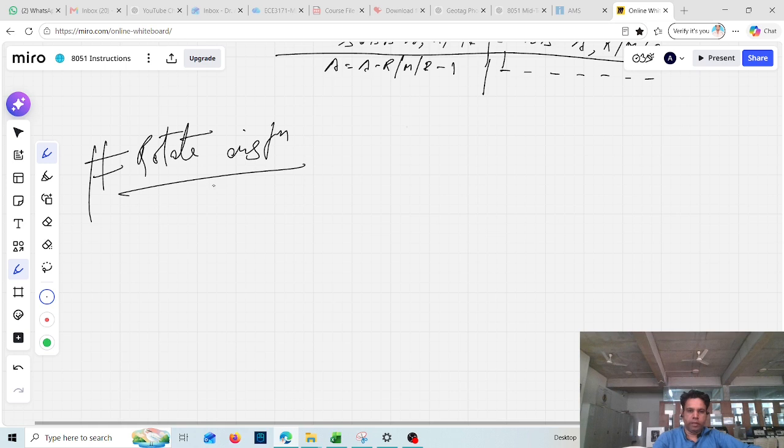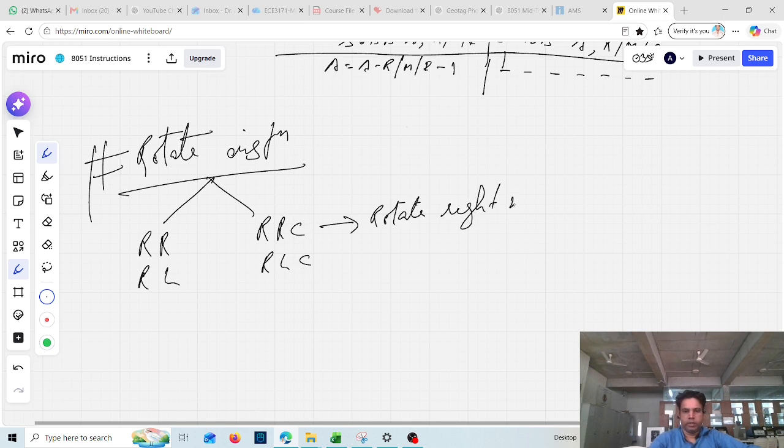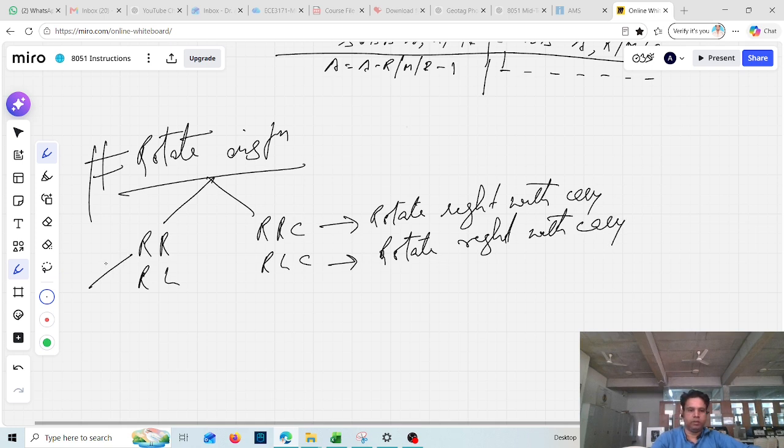So there are two types of rotate. One is simple RR and another one is RRC. Similarly, RL and RLC. RRC means rotate right with carry. Similarly, RR is simply rotate right without carry.